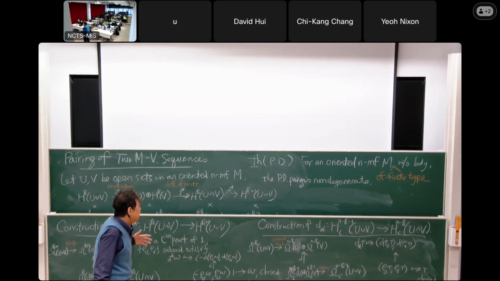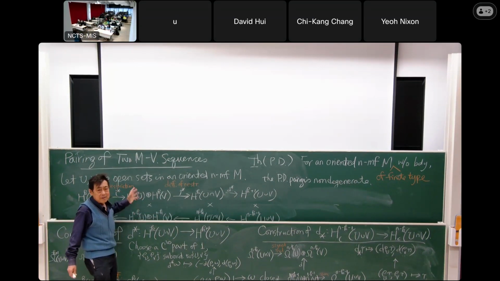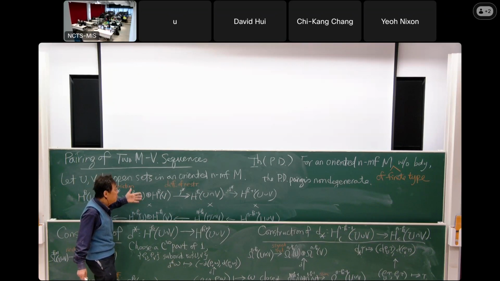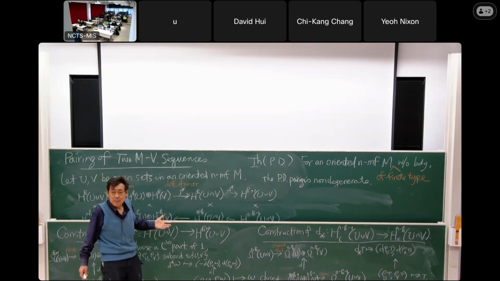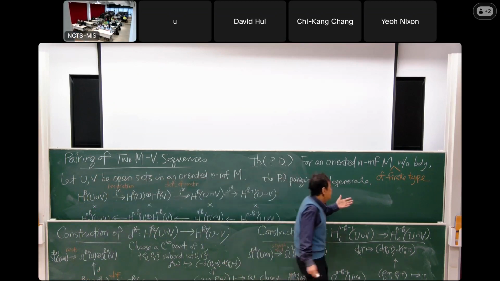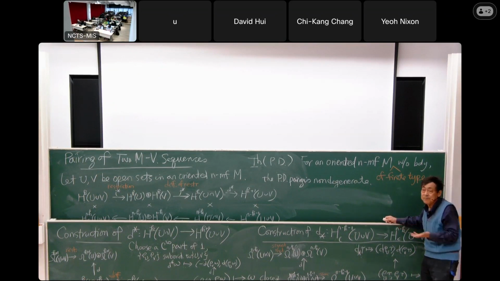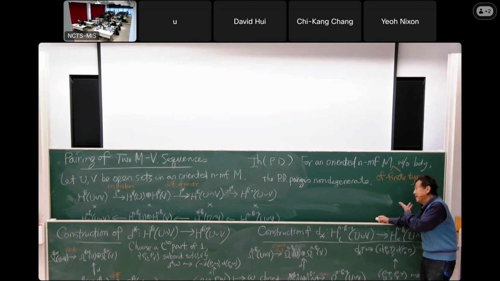The fact is that if it's not of finite type, then you don't know that the cohomology is finite dimensional, and so you cannot state Poincare duality. So you need finite type for two reasons. The first is to guarantee that the cohomology is finite dimensional so that you can state the theorem. And the second is the proof that I will be giving.